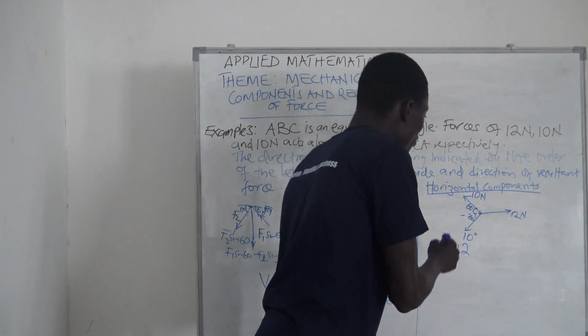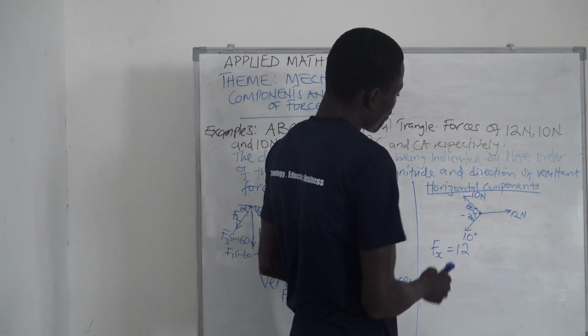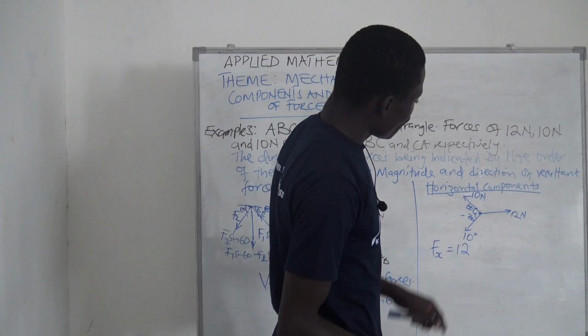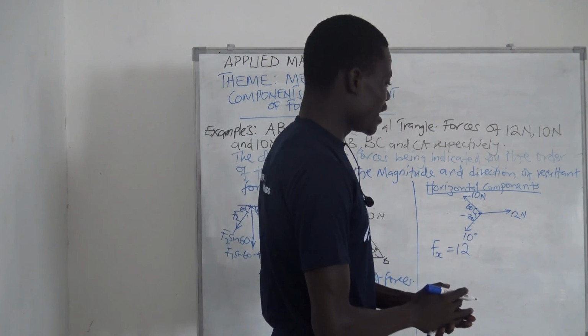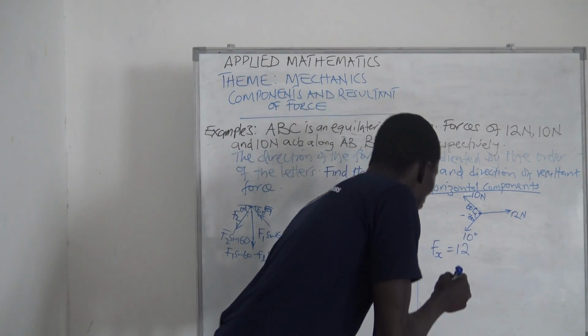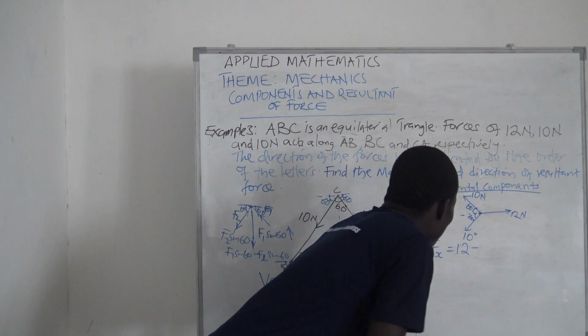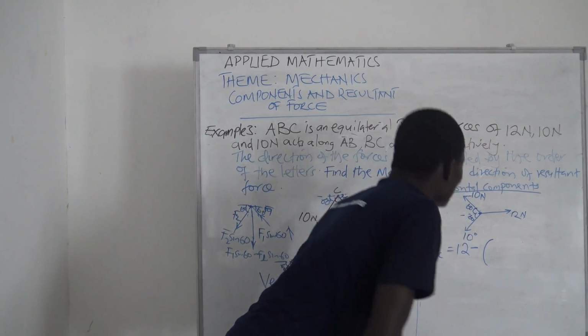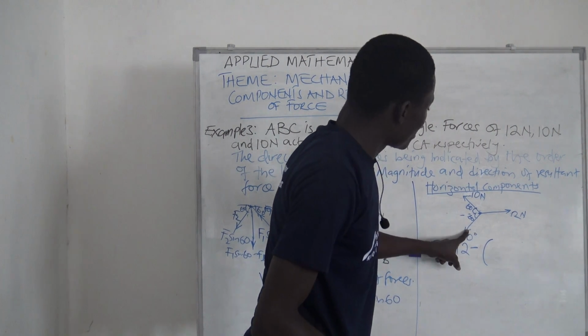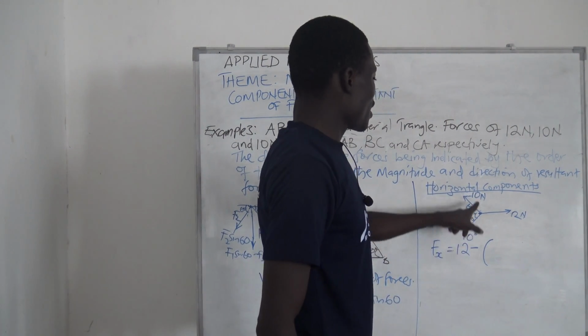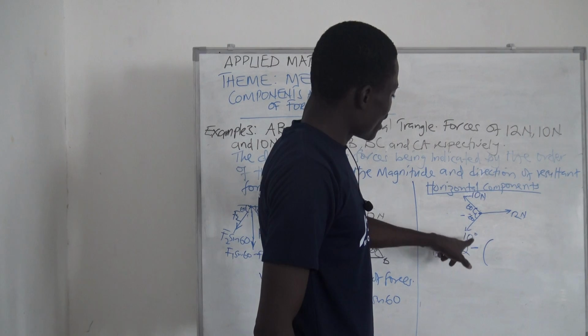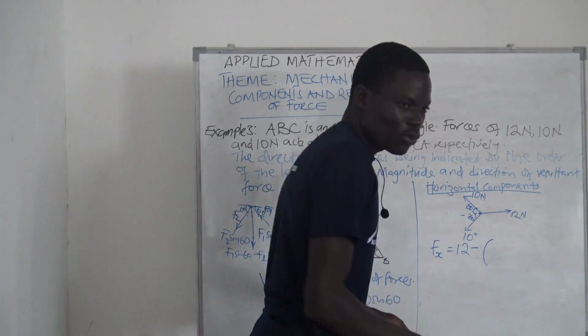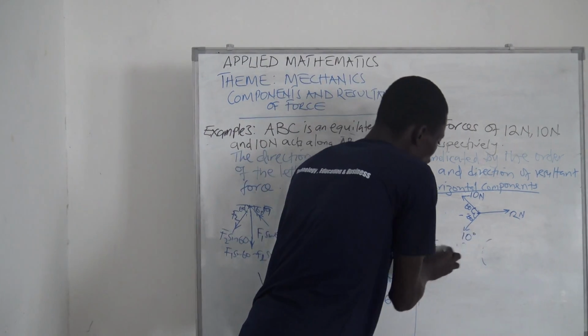So this one will be 12 minus. This one and this are moving in the same direction, we add them. We saw how we were going to do those forces from previous lesson. Why are we subtracting? We are going to get the total minus this one. Or we can first do one at a time not to confuse you.